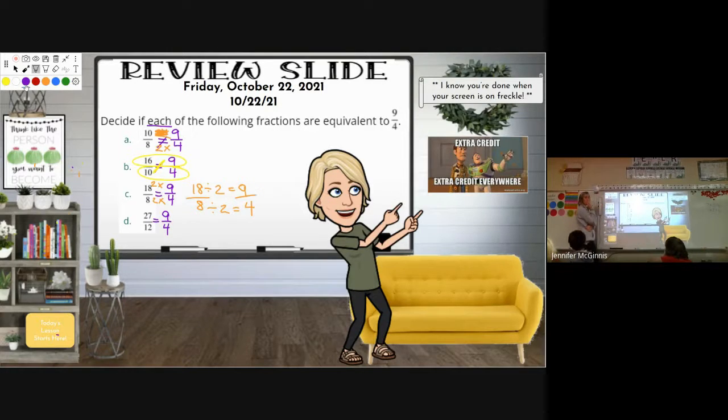Very, very interesting. Who did I call for D? Trenton? 27/12 is equivalent to 9/4 because if you multiply 9 by 3 it equals 27, and if you multiply 4 by 3 it gets 12.